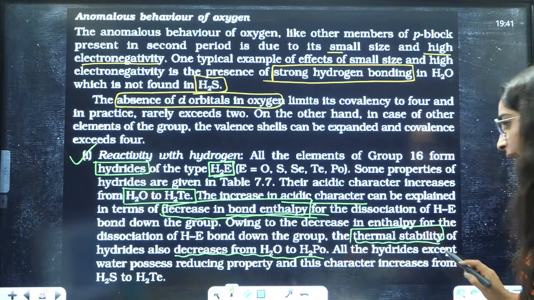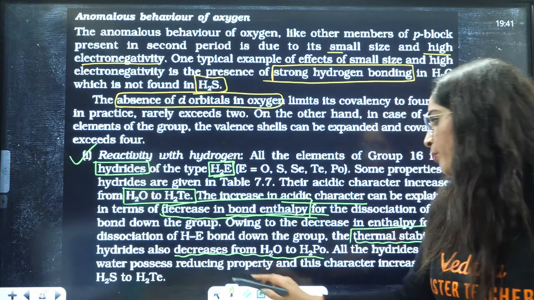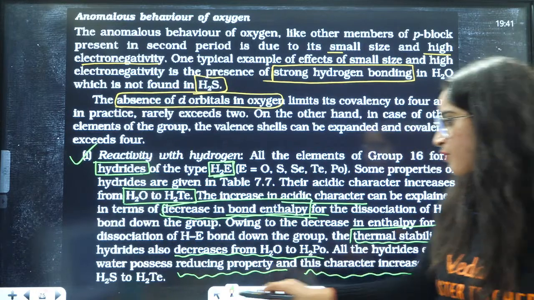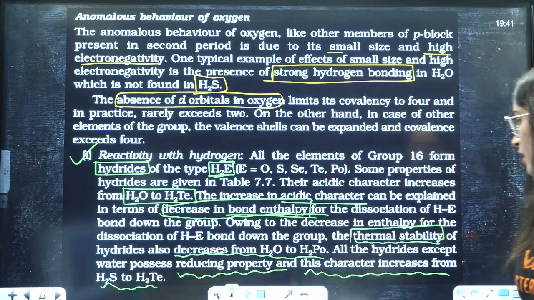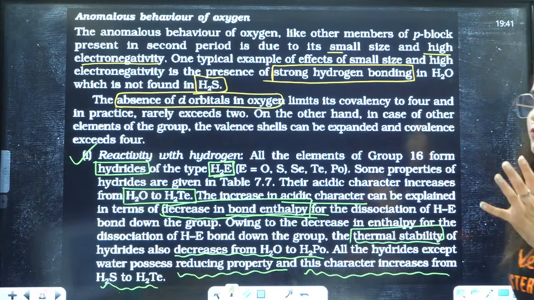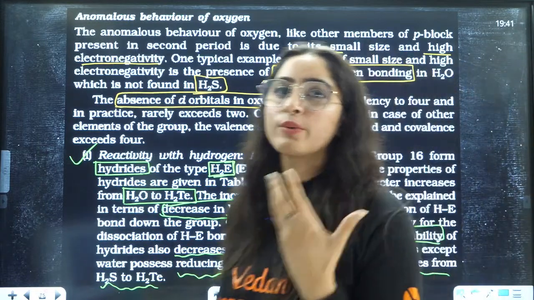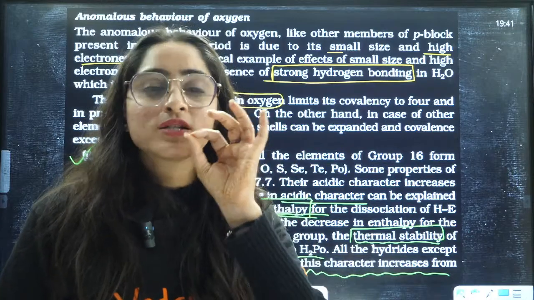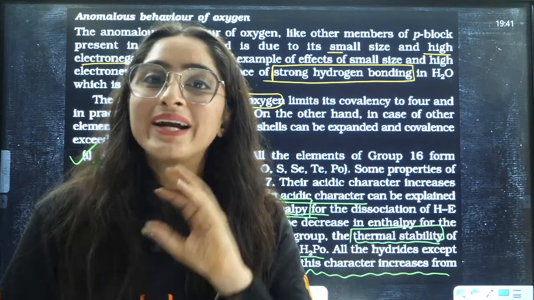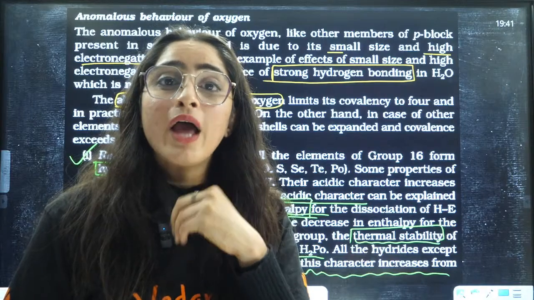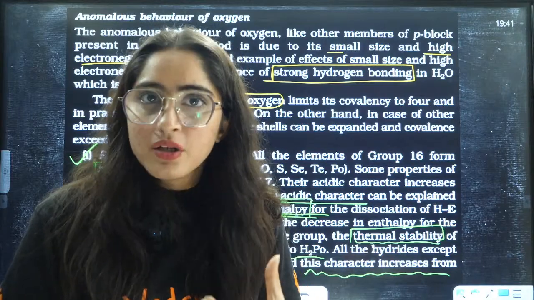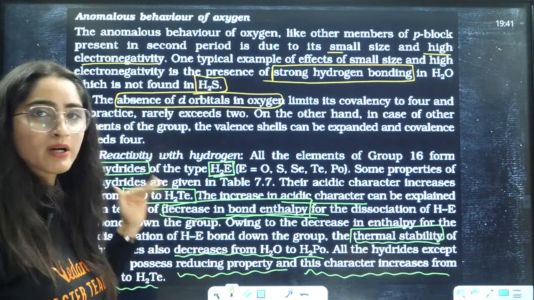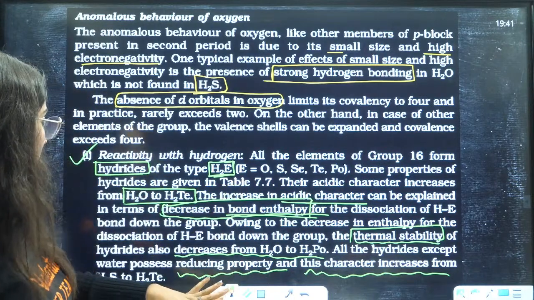All the hydrides except water possess reducing property, and this character increases from H2S to H2Po. Now they are saying that water will not possess reducing property because of hydrogen bonding. The hydrogens are already occupied in the hydrogen bonding, so they don't have power for the reduction, right? That is why the reducing property also increases down the group, right? Okay.